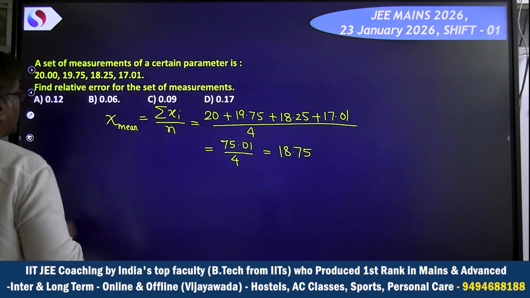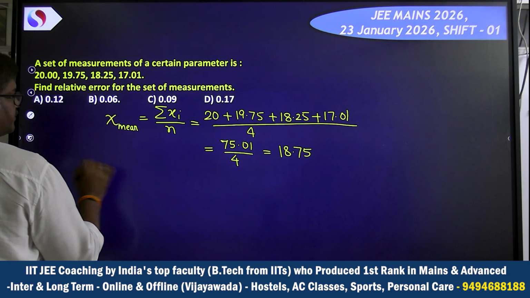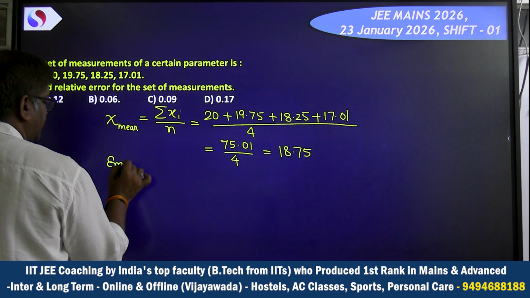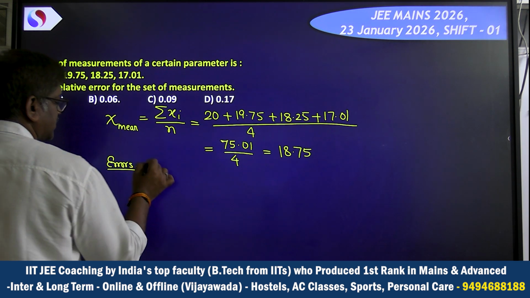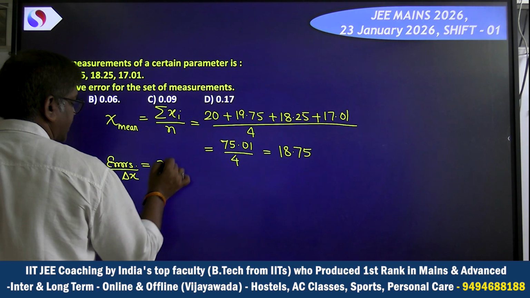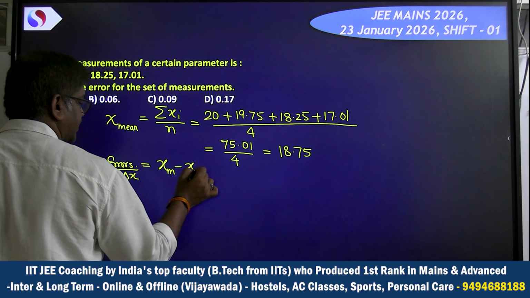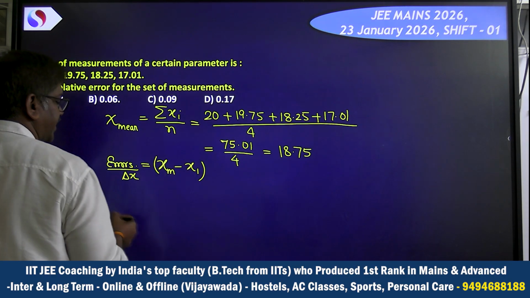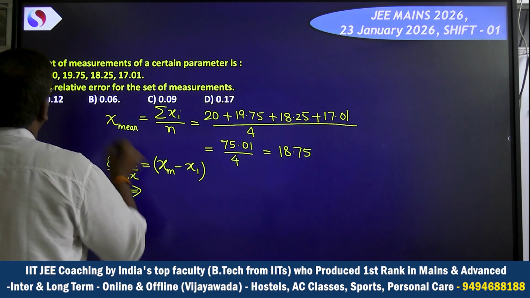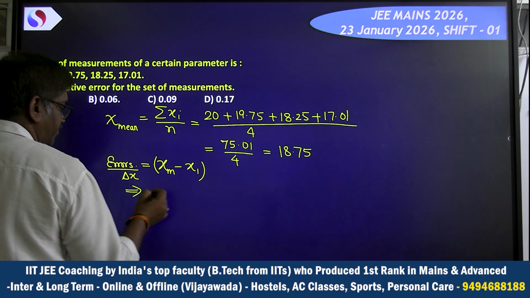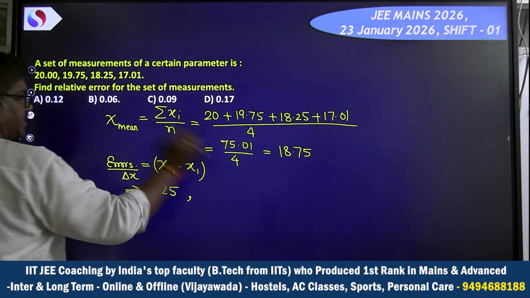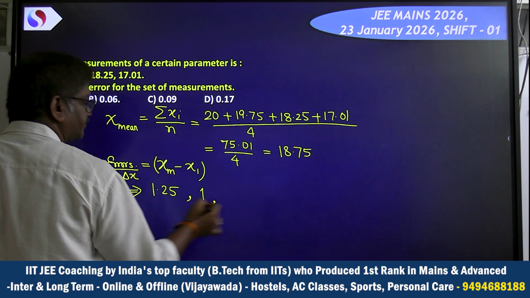All right. Now the relative errors. First you find the individual errors. Delta x you calculate as x mean minus the corresponding value, whichever is greater. So the corresponding values come out as 20 minus 18.75, which is 1.25 for the first one. The second is 1.